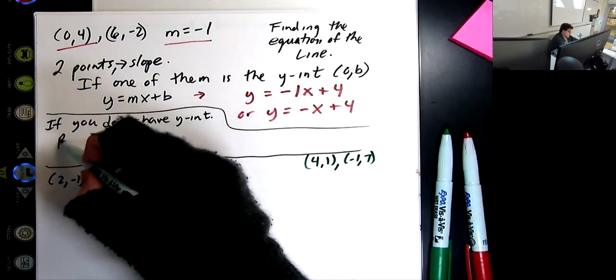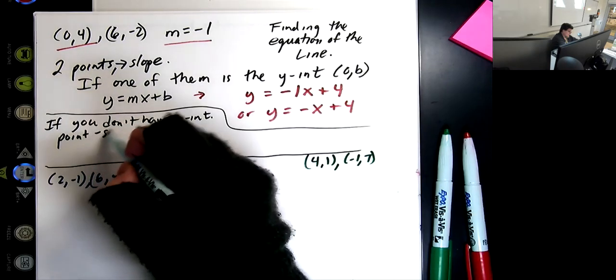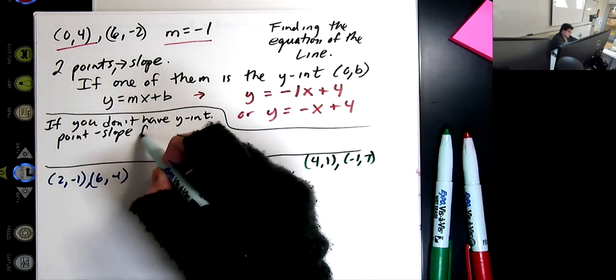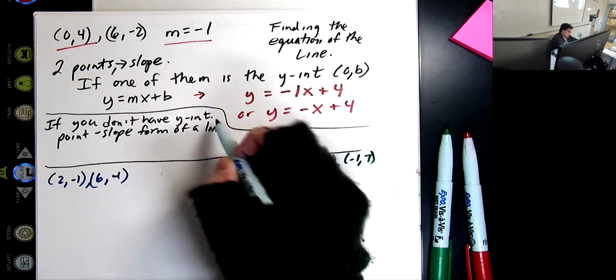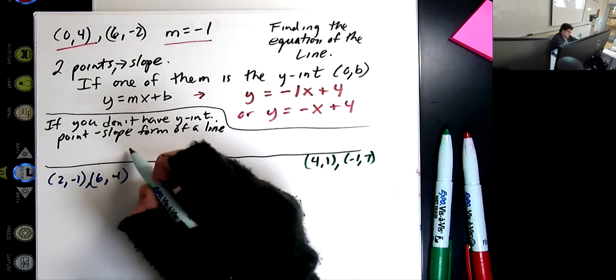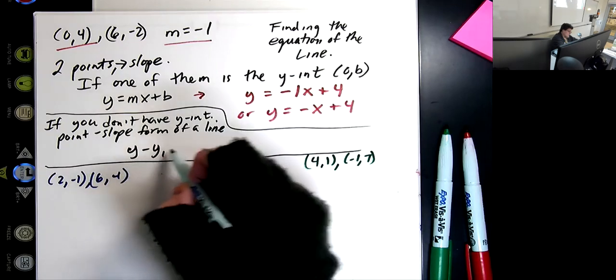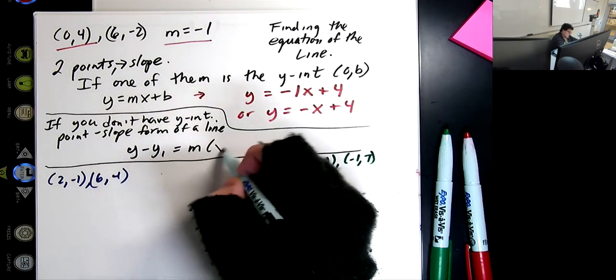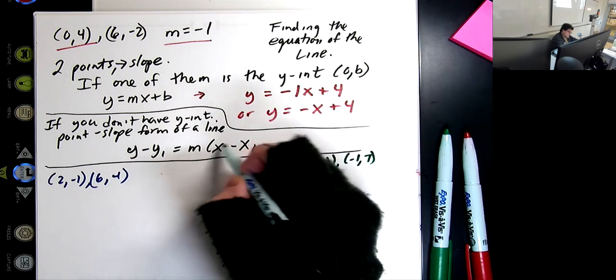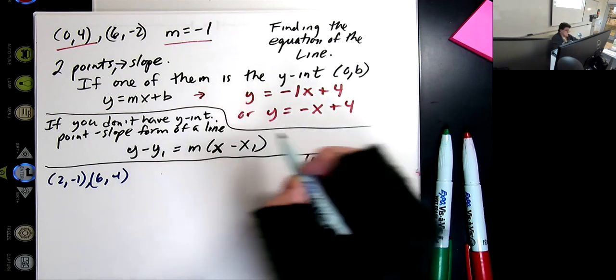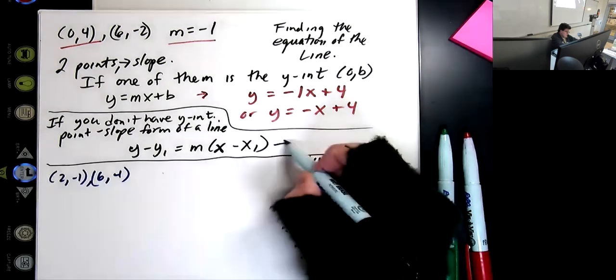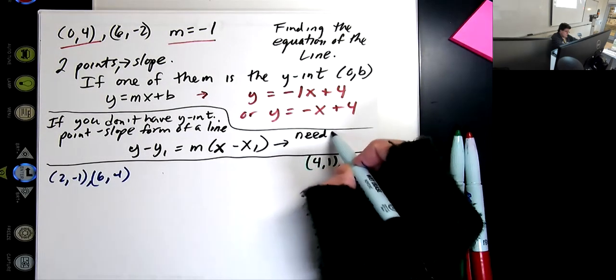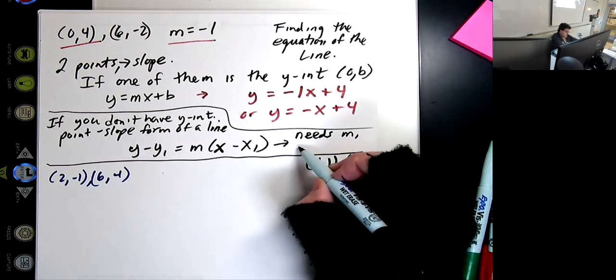It's called the point slope form of a line. The equation is y minus y1 equals m times x minus x1. This requires that you know what the slope is, and you need just 1 point.